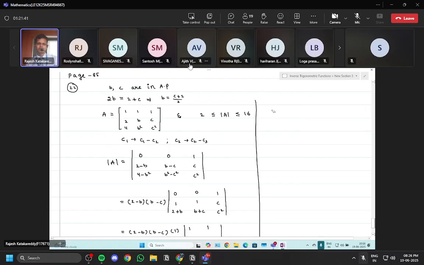Since it is in arithmetic progression, 2 minus b is equal to b minus c, which is equal to minus d, the common difference being negative. First term minus second term, second term minus third term. At the same time, one more thing: c minus 2.